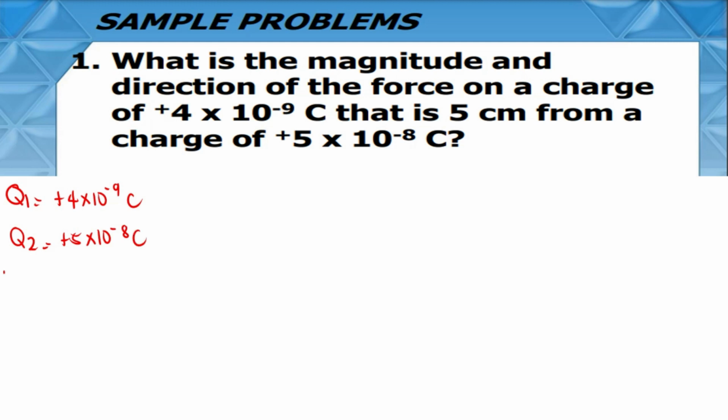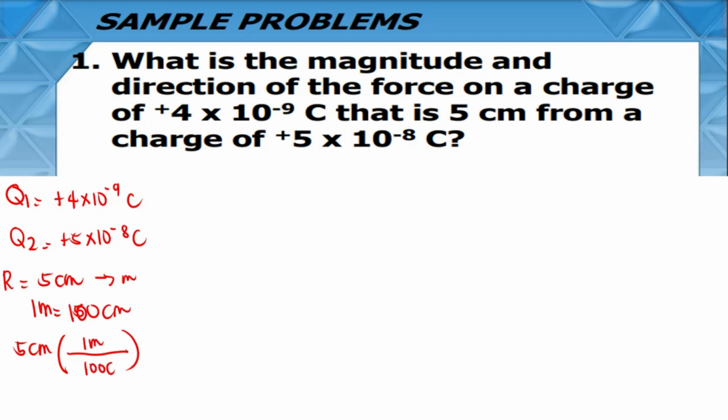And our r, na naka-centimeters, which is 5 cm, kailangan natin siya i-convert into meter. So, ilan bang equivalent nito sa meters, yung 5 centimeters? We all know that in every 1 meter, meron tayong 100 centimeters. So, let's try to convert. We have 5 cm, open and close parenthesis. So, we have 1 meter sa taas and yung 100 centimeters sa baba.